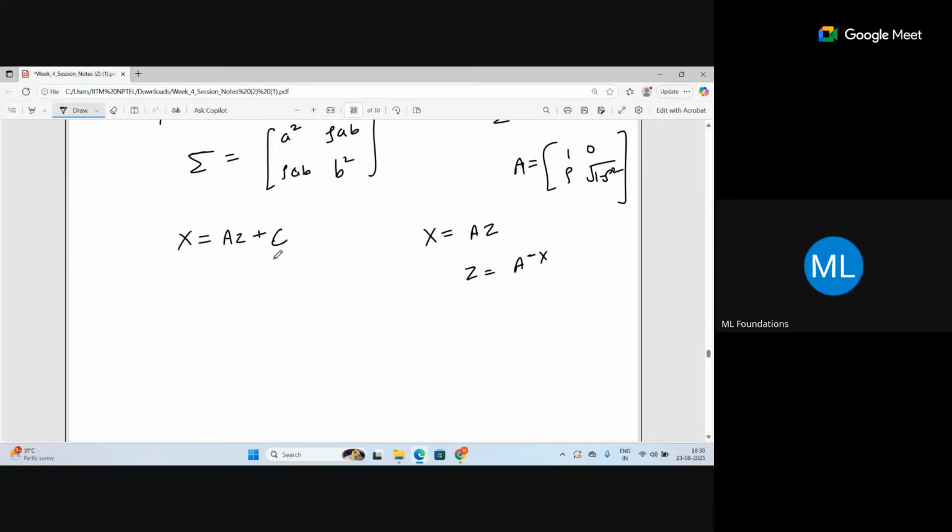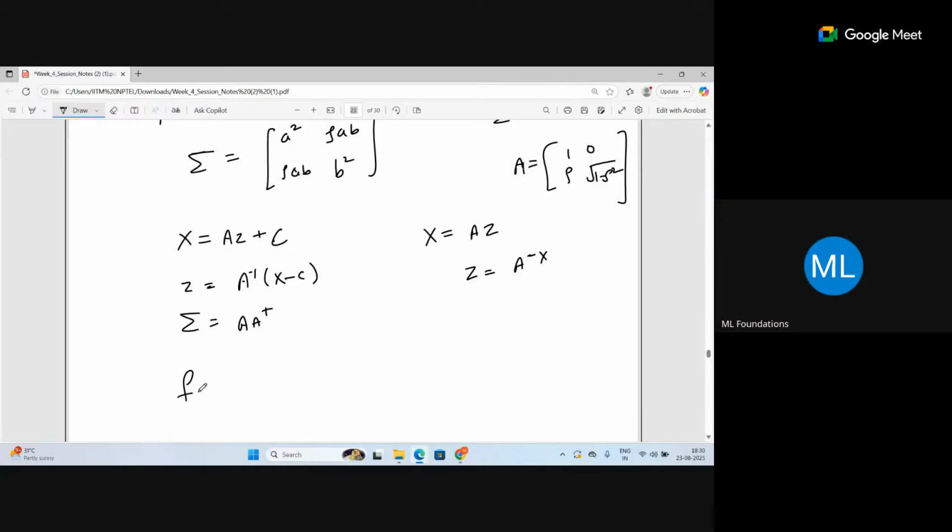But if x is equal to A z plus c, then z will be equal to A inverse (x minus c). And sigma will remain the same, A A transpose.